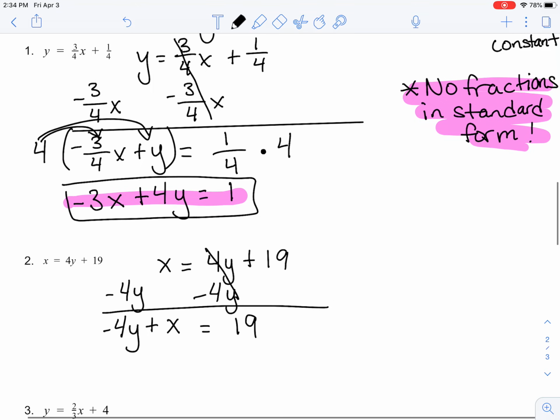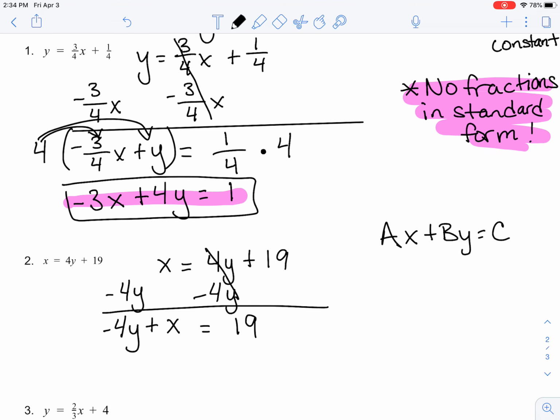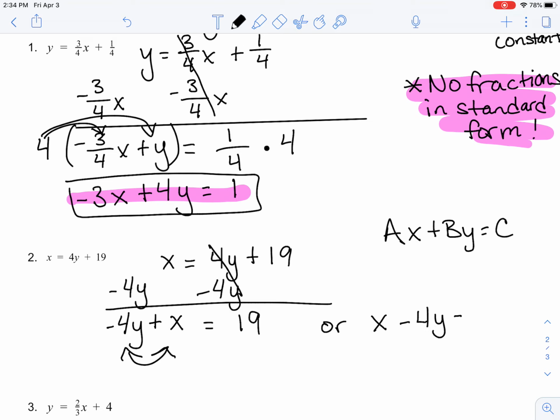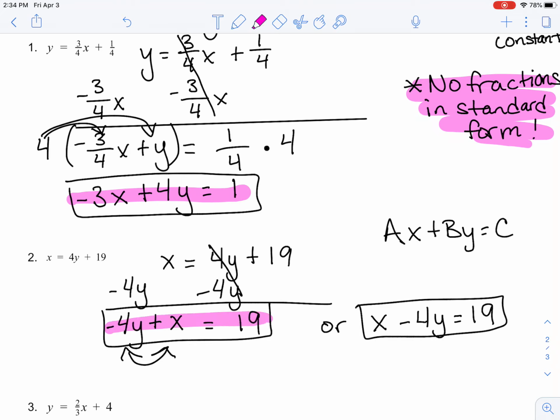If you want it to match up with that ax plus by equals c form, so you have your x value first, you can just flip the order, which would be x minus 4y equals 19. However, either option is correct. Doesn't matter what order.